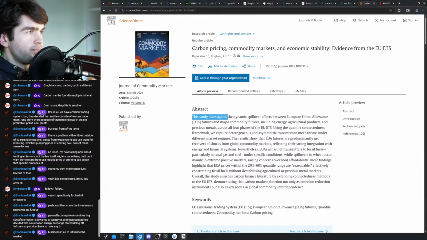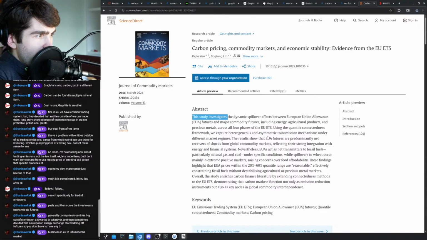This study investigates the dynamic spillover effect between the European Union Allowance EUA futures and major commodity futures, including energy. Oh, it's not talking about the right thing.